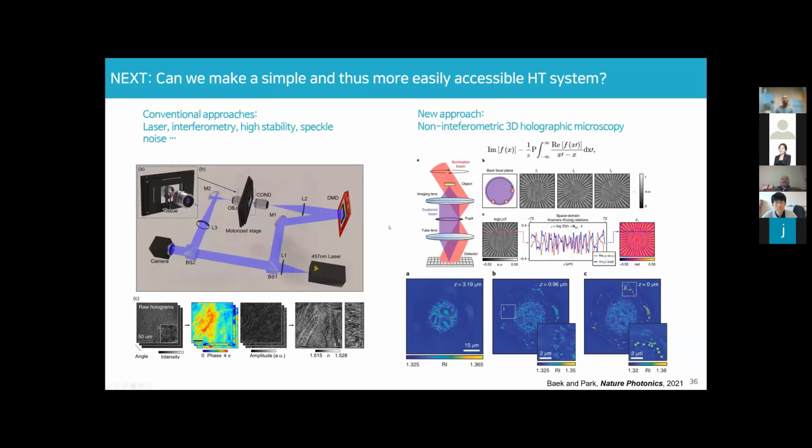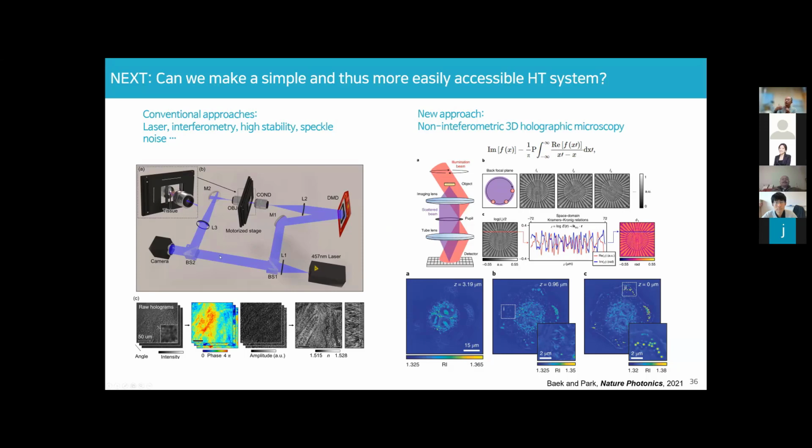We also try to simplify and improve this optical technique, because the conventional setup, even including the Tomocube setup, is based on laser interferometry, which means the laser beam is split by a beam splitter into 2 arms.